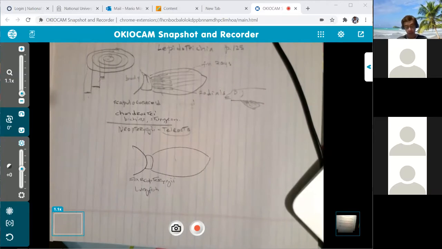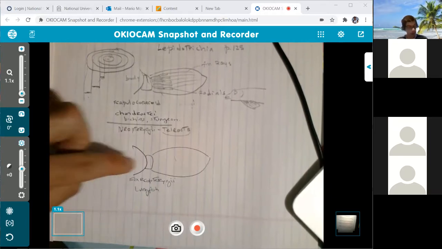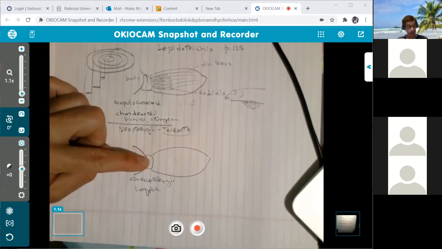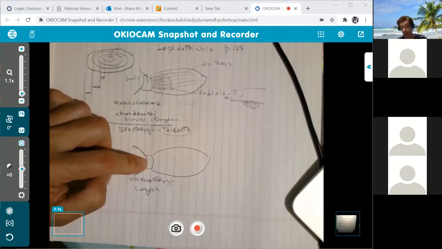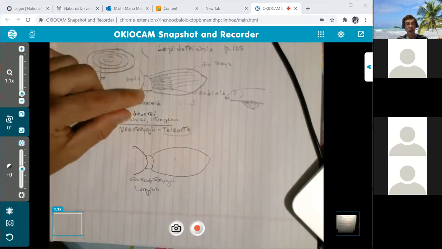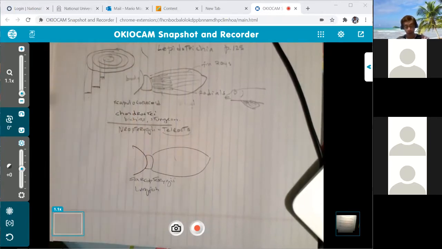Anyway, so here, we're going back to having the basals connected to the scapulocoracoid, but instead of having, like here, not here, the one before, where you have the five basals separate there, what we have here is a series of bones.